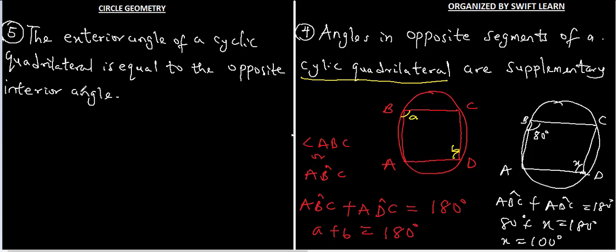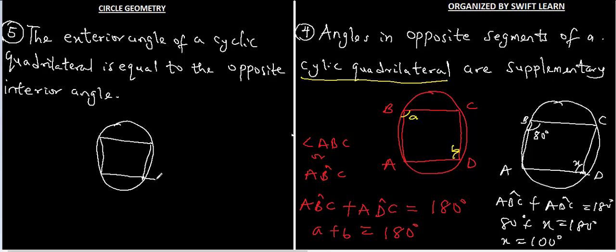Okay, so let me explain this. Let's put it in a diagram format. So I have my circle such as this. For instance, let's still use our square.